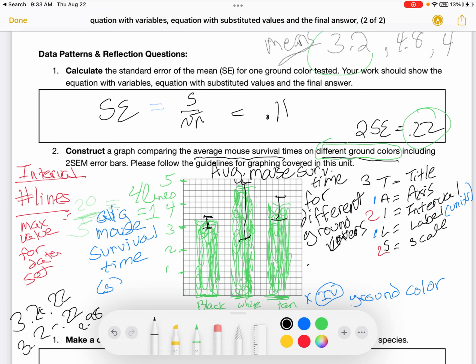So remember, if they overlap, we can't use that data to support our claim because it might just be due to chance that the means look different, okay? The only way that we can use the data to support our claim is if they do not overlap.